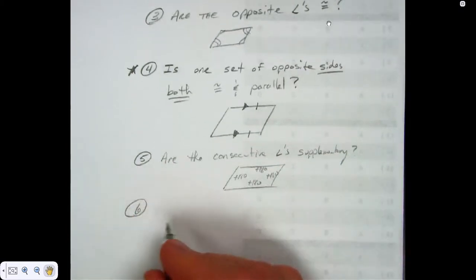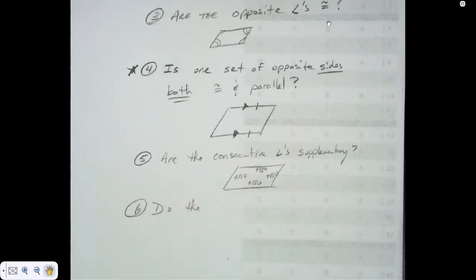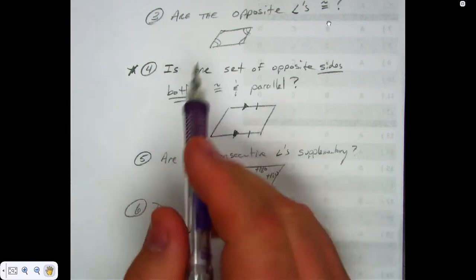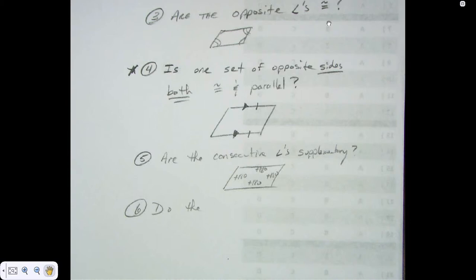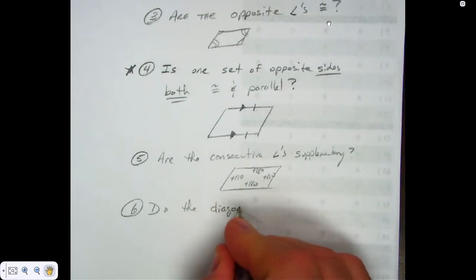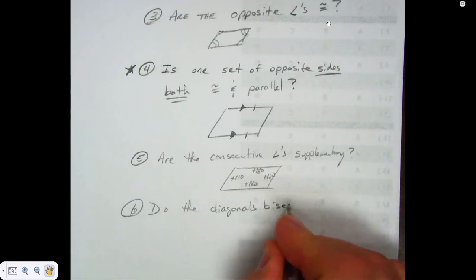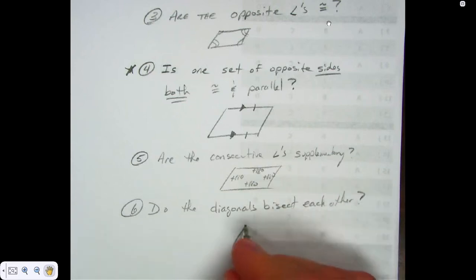What's another test? Somebody look at yesterday's assignment or notes. What else did we say? Let's see, there were 6 things, right? So we ought to have 7 things here because we added a test, didn't we? We're on 6, that means there's 2 things we're missing. Diagonals bisect each other. So I could say do the what? Diagonals bisect each other. What would that look like? Just a quick sketch.